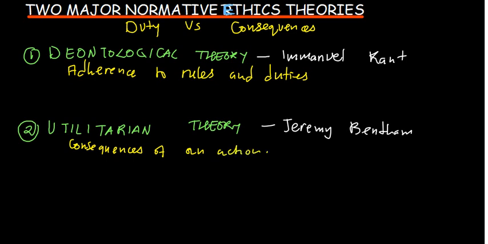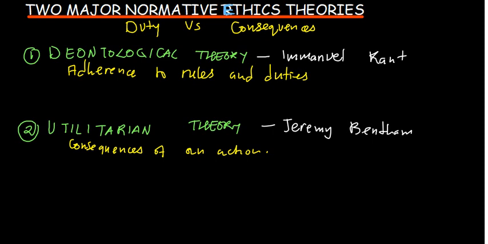When we come to deontology, it says someone who is morally upright, someone who is righteous, or someone who is moral, is someone who adheres to any rule and duty. It doesn't matter whether that rule has consequences or not, as long as you adhere. For example, you are deontologically upright when you follow anything that has been put down, regardless of the consequences.